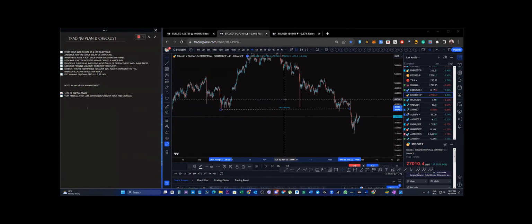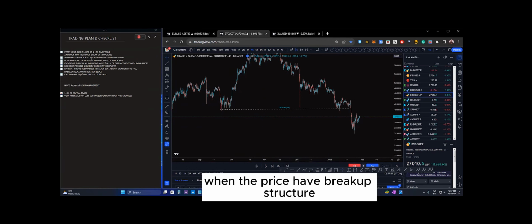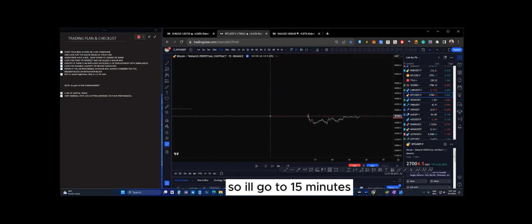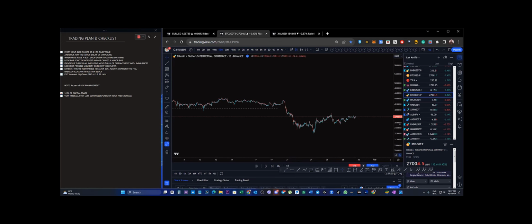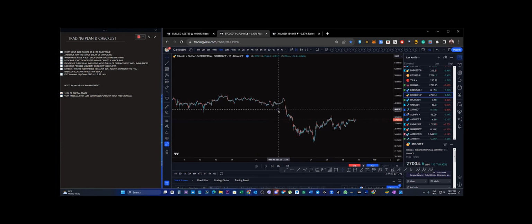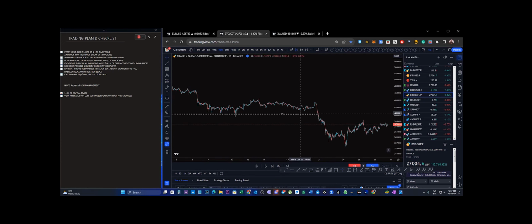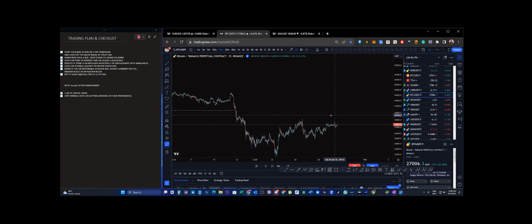Now, when the price have breakup structure, drop down to 15 minutes or 5 minutes. So, punta na ako sa 15 minutes. And again, on that area, look for impulsive move. Okay? Tsaka yung mga, so, ito yung nag-break, di ba, sa area na yan.